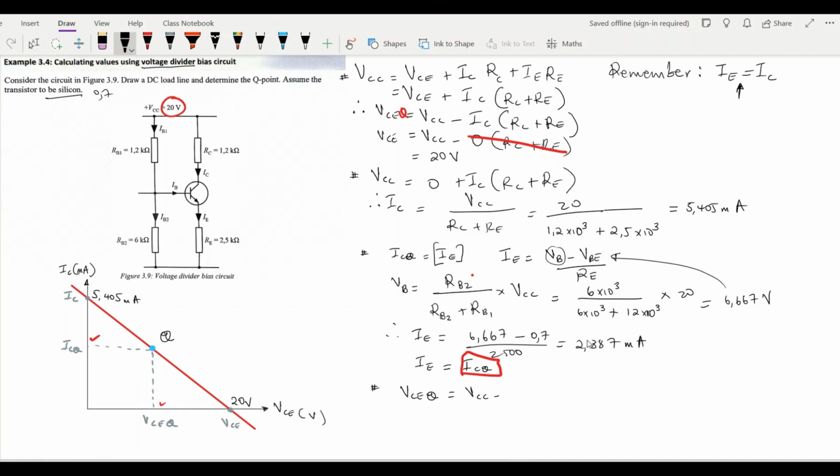It would be VCC minus ICQ into RC plus RE. Can you see that? This is 20, and here we have 2.387 exponent negative 3. Let's put that in our brackets, and then here we will be having 1200 plus 2500, and then we punch that in our calculators.